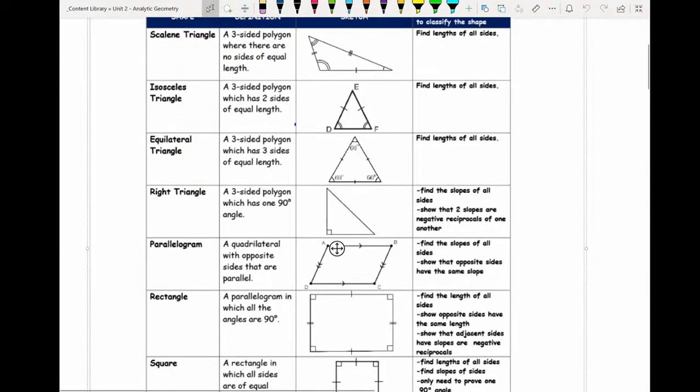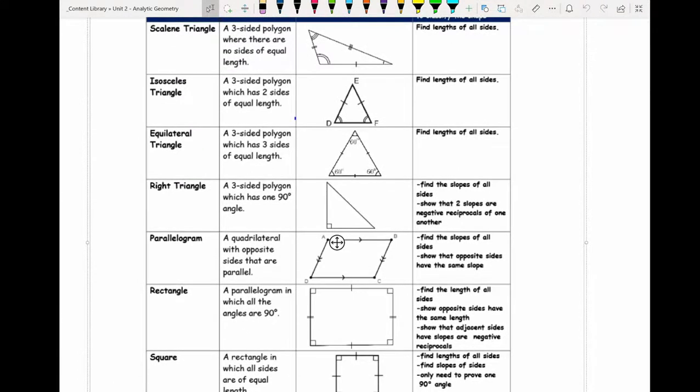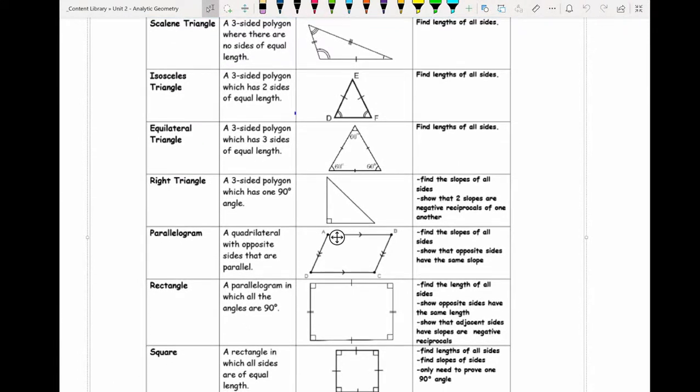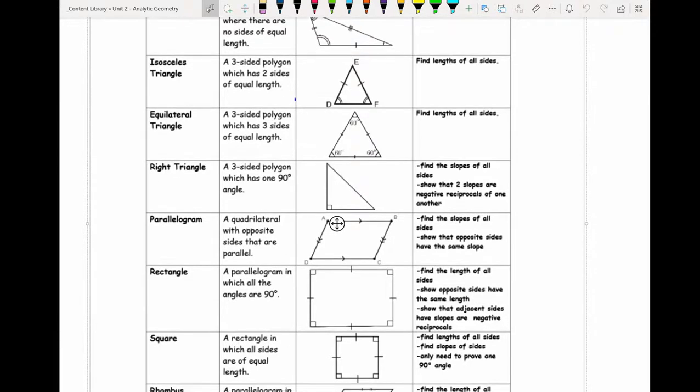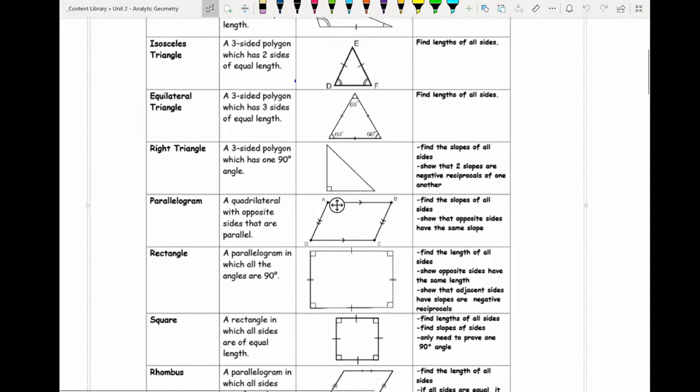If you're trying to check for a right angle triangle, you're going to want to find all the slopes and show that two are negative reciprocals. Again, negative reciprocals deal with perpendicular lines. For parallelograms, you're going to find the slopes of the sides and show that the opposite sides have the same slope, because if they're parallel, then they have the same slope.